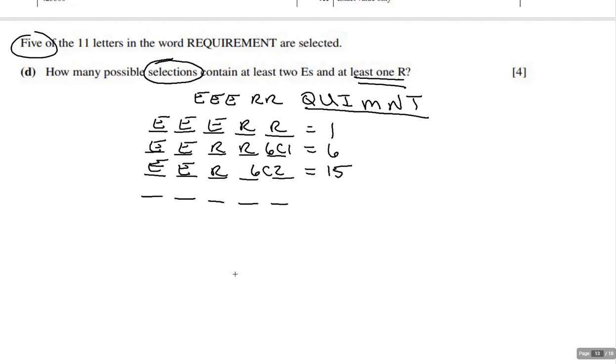Any other way to meet their criteria? I think that's it. So right now we've got 3 E's and 1 R. No, we got... Do we have 3 E's and 1 R? Oh, yeah. You could do that one. 1, 2, 3.